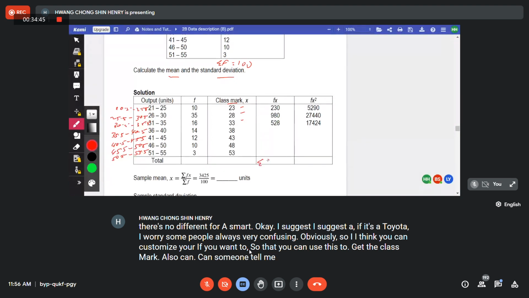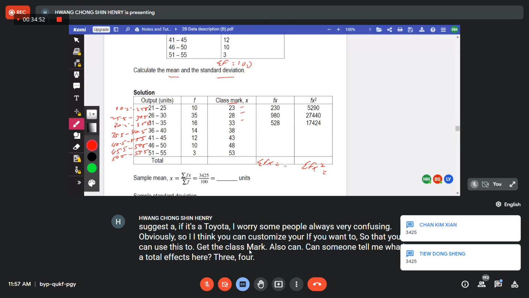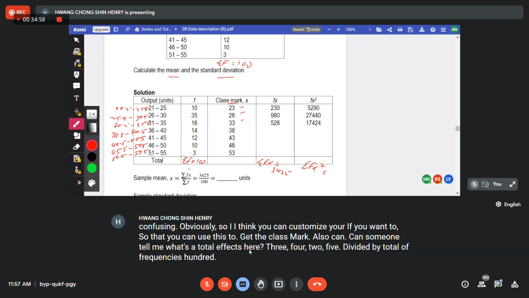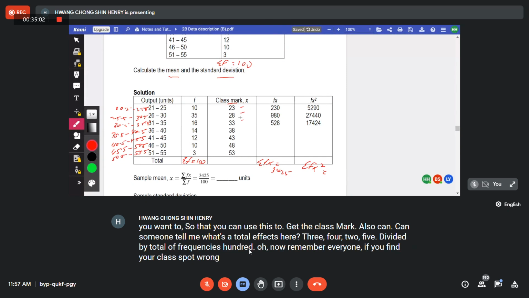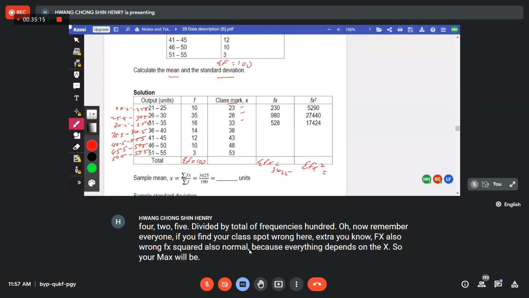Can someone tell me what's the total fx here? 3425 divided by total frequency, which is 100. Now remember everyone, if you find your class mark wrong here, x, your fx is also wrong, fx squared is also wrong, because everything depends on the x. So your marks will be deducted.